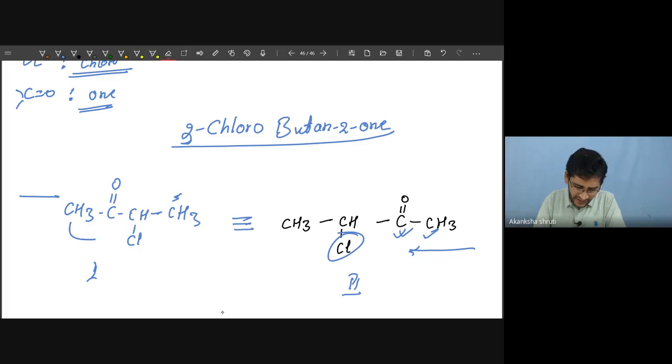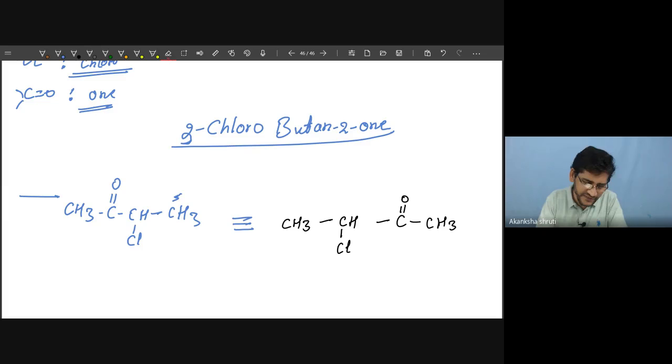So that's why in this case, maintaining the functional group and this prefix, we are not getting any new structure. So in such a case where no new structure is possible, means if only one structure is possible for such a molecule, then in that case we can drop the numbers.